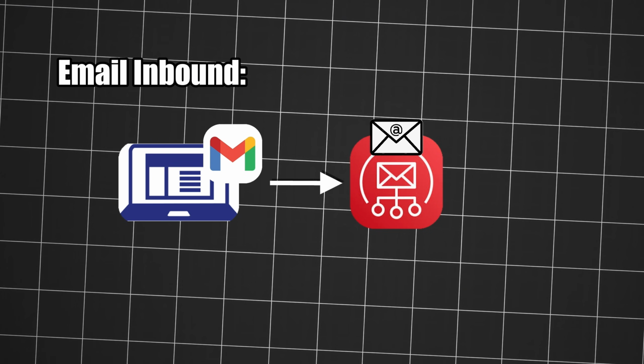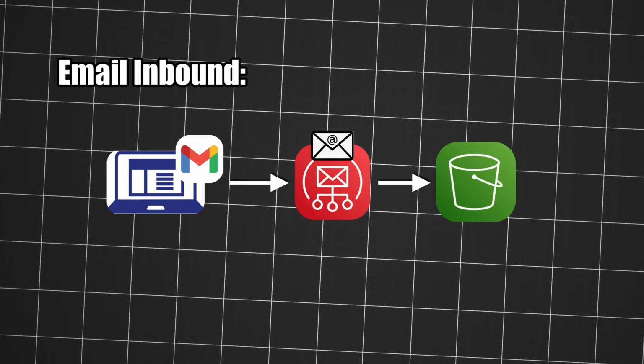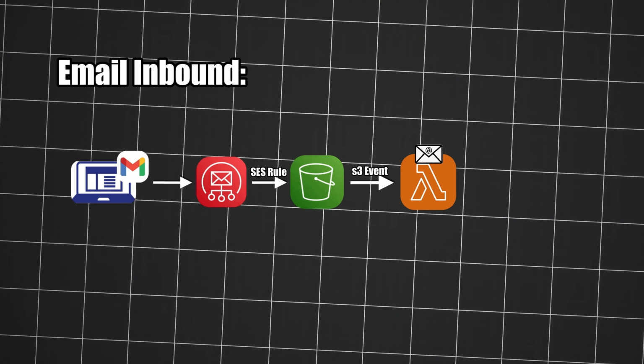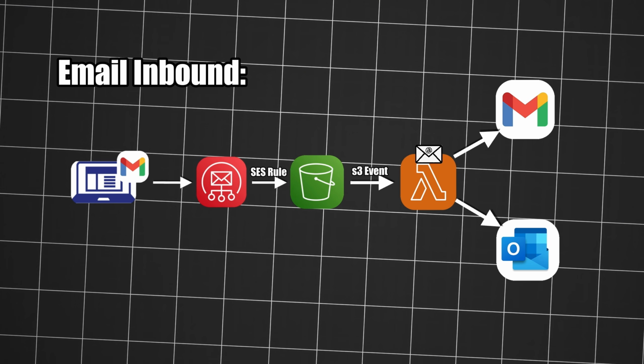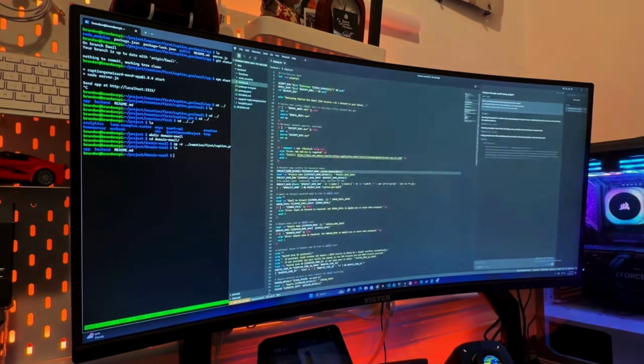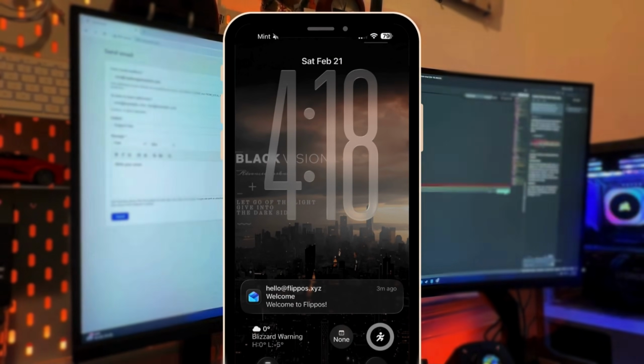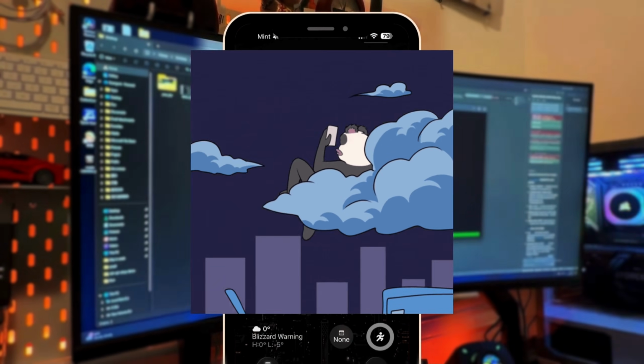And we can create a rule in SES. Mine is to direct them to an S3 bucket. Then S3 sees a new email item and triggers an event to invoke a Lambda function that forwards the email to my main Outlook mailbox. So I can get real-time email notifications and get distracted and start scrolling short videos afterwards.